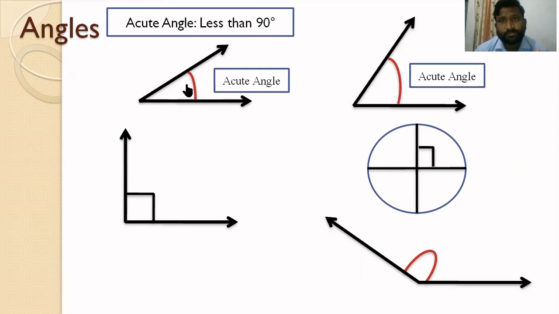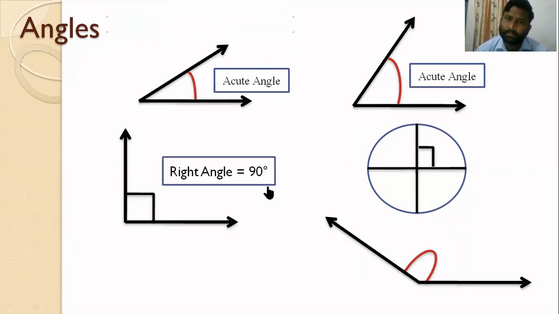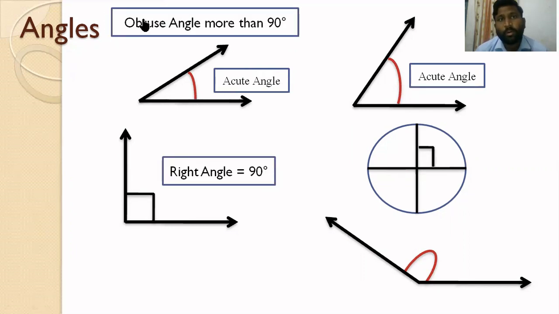So these two are less than 90 degrees. These two are called acute angles. A right angle is equal to 90 degrees. So this is exactly 90 degrees. This is called a right angle. Now obtuse angle. An obtuse angle is more than 90 degrees, and this is more than 90 degrees.